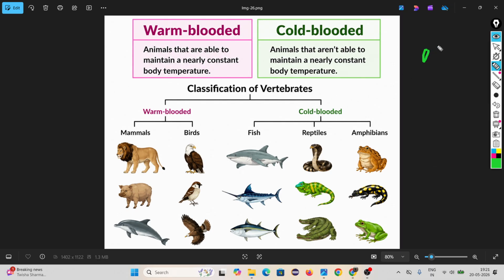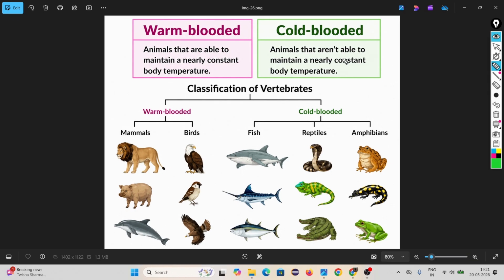Our body temperature is always in a constant position. Warm blooded animals are able to maintain a nearly constant body temperature. Nearly constant means when you have a fever, your body temperature may rise to 104 degrees Fahrenheit, but it is always nearly constant.